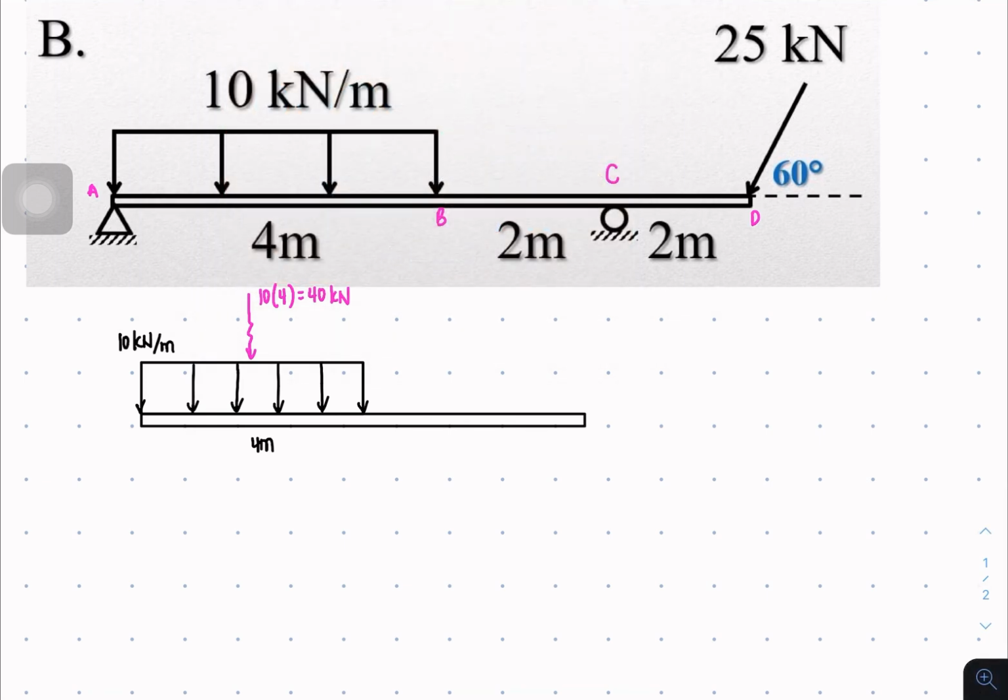let's copy the position of letters here. So this is A, and then this is B, and then this is C, and this is D. So at point D, there is an inclined force that's making 60 degrees from this horizontal.